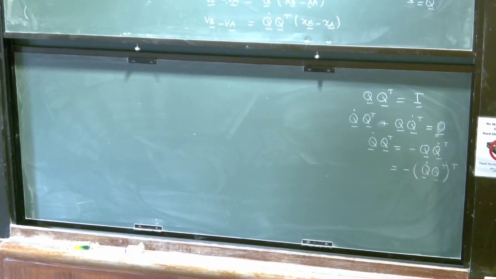right? So a symmetric matrix looks like this: A, B, C, D, E, F, and then these elements repeat. Or maybe I'll do it like this: A11, A12, A13, and A12 and A21 are going to be the same.